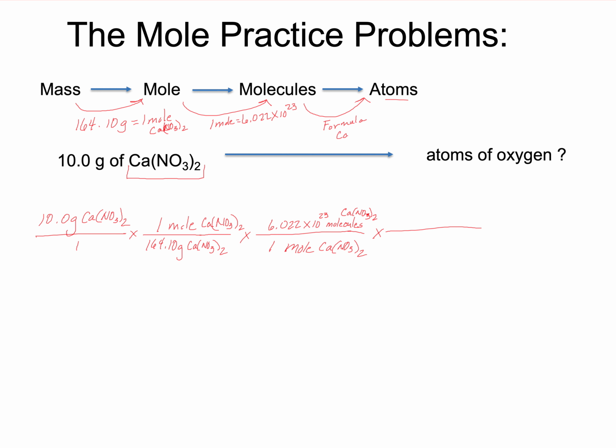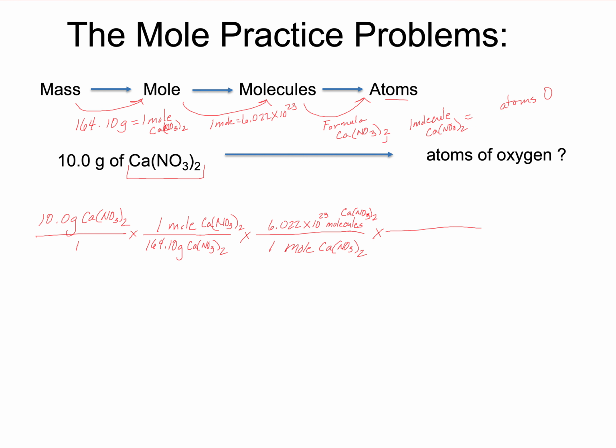So if we have Ca(NO3)2, I need to know how many total oxygens are in this one molecule. So I have 1 molecule of calcium nitrate. Well, how many atoms of O, or oxygen, are there?